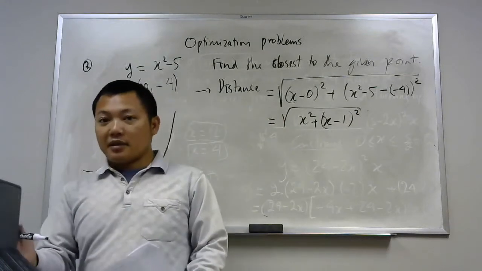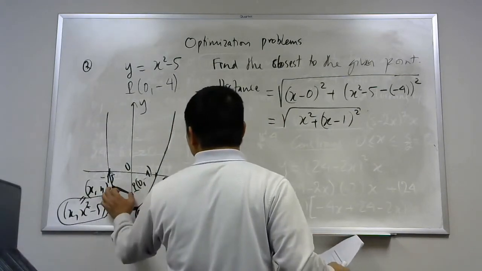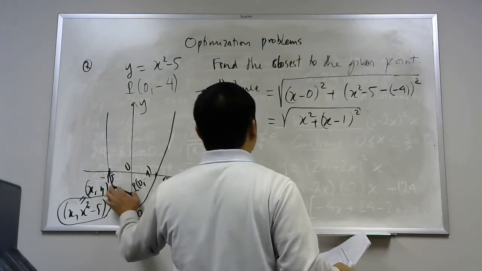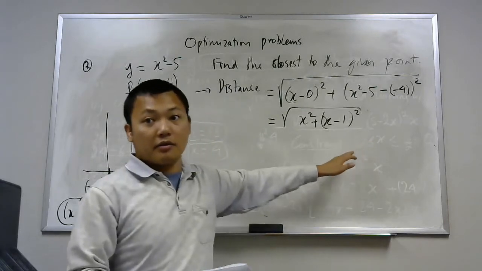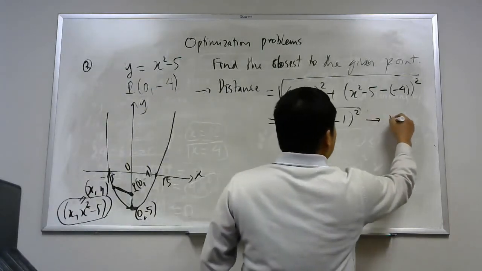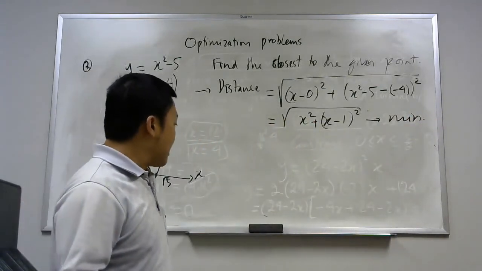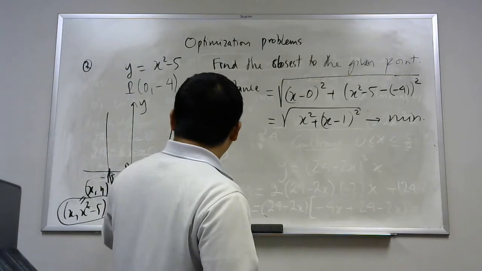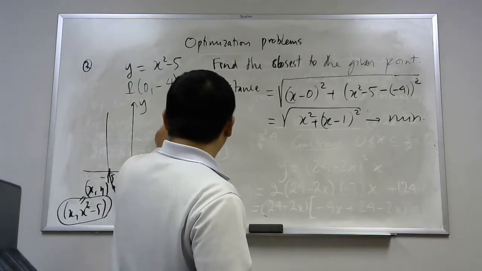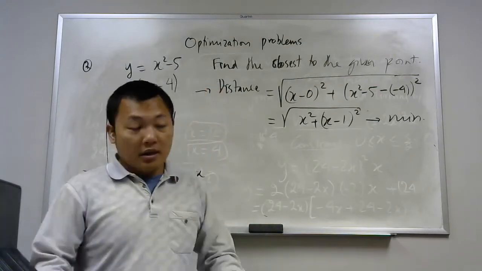Alright, so we have a distance function, right, between the given point and an arbitrary point in here. So again, if we need to find the closest one, we need to minimize this function. Alright, okay, let's minimize that, right? And we don't have any constraint in this case because our point in here just moves along the parabola. So x can take negative and positive values. So that's fine, no constraint.